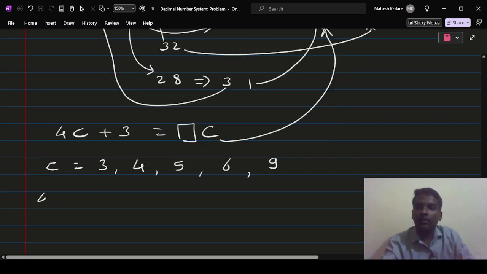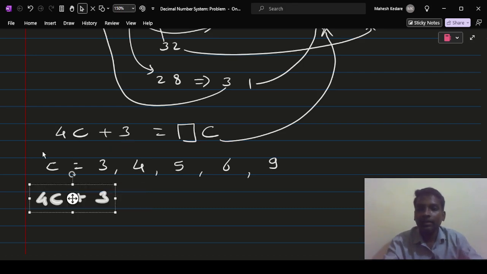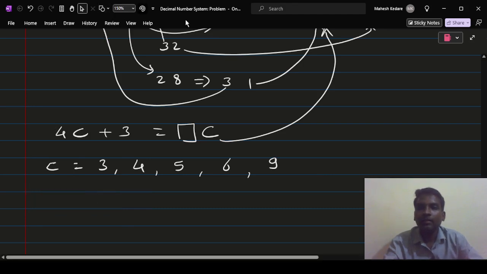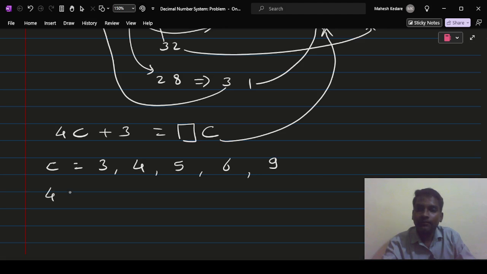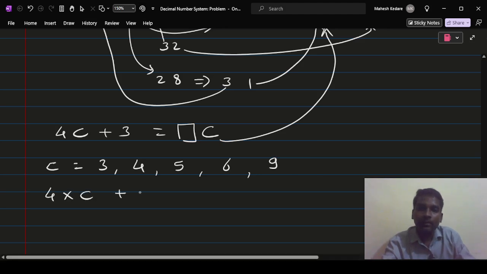Now we calculate 4C plus 3. Note that 4C plus 3 can also be written as 4 multiplied by C plus 3, and the resulting number should have C in the unit place.